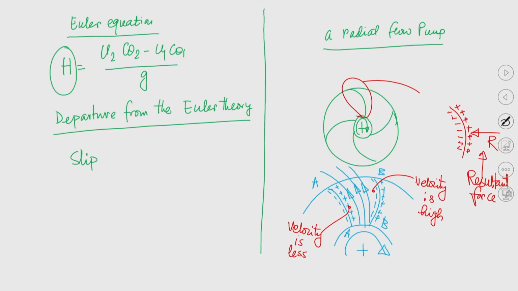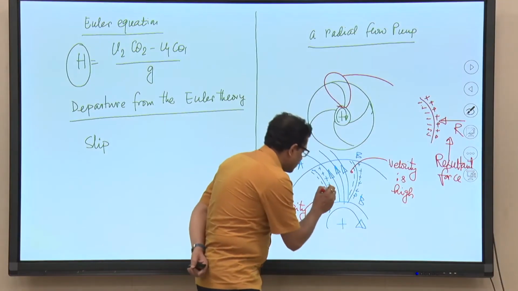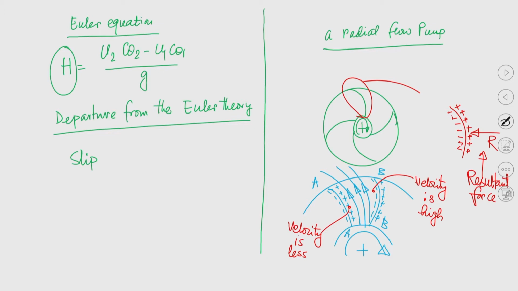Because of this, you can see this is the flow passage. If we traverse from one point to the other point in this flow passage, we can see there is a change in velocity. So, a velocity gradient exists, and we can see that there will be flow velocity variation like this.